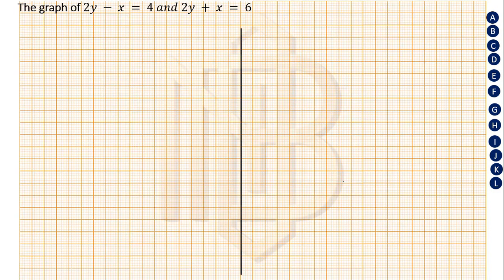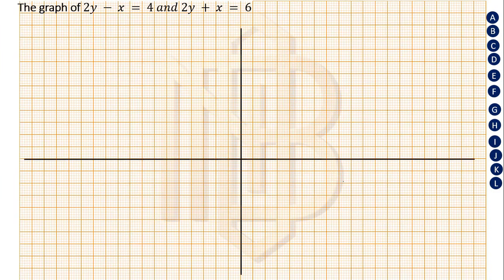Before we do the plotting, of course, we know the title comes first, which is the graph of the equations that we're trying to solve simultaneously. Okay, the next thing is for us to put up our axes, for the y-axis and for the x-axis.